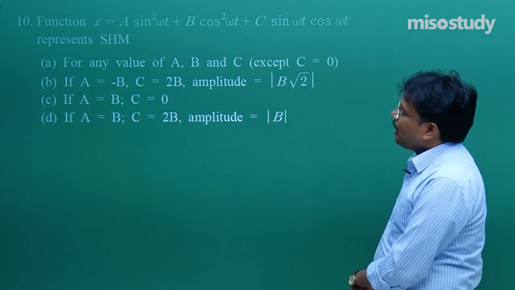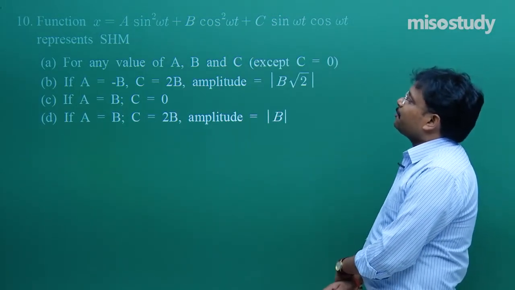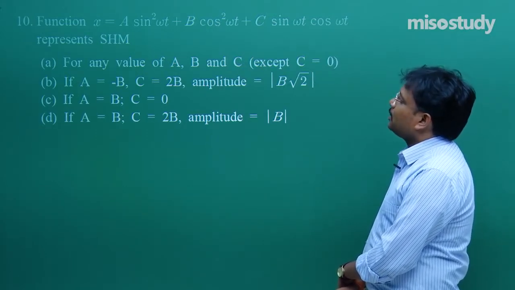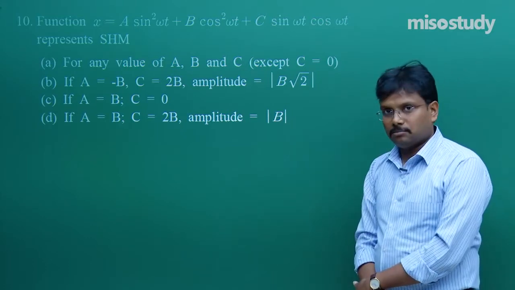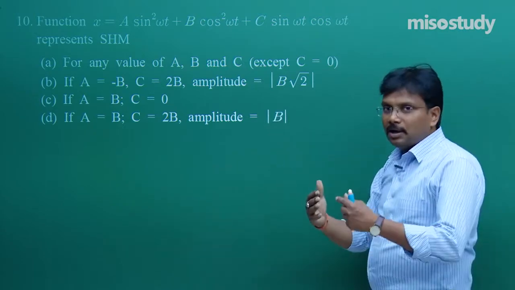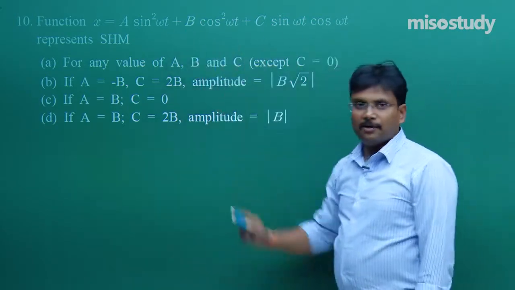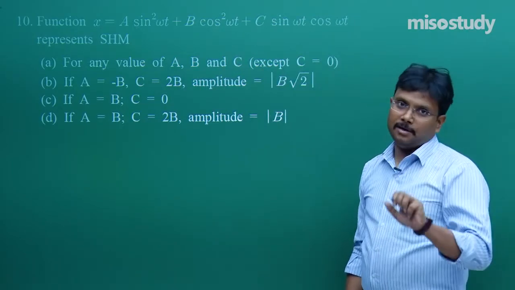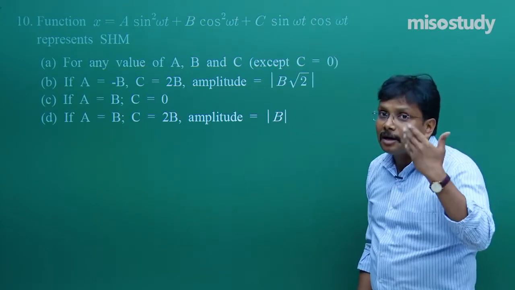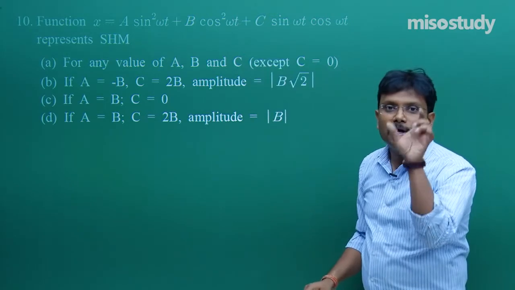Consider the situation. The function x is equal to a sin square omega t plus b cos square omega t plus c sin omega t cos omega t, and it represents SHM. Basically the question is this way: a function is given, and you have to find under what circumstances this will represent a simple harmonic motion.